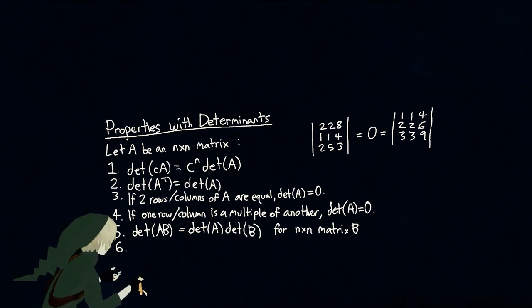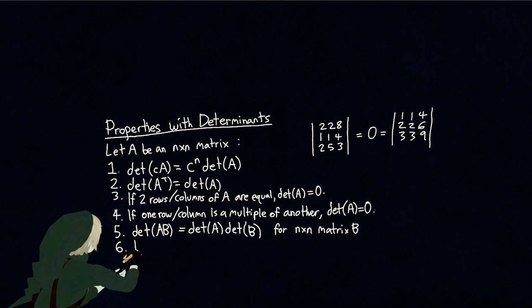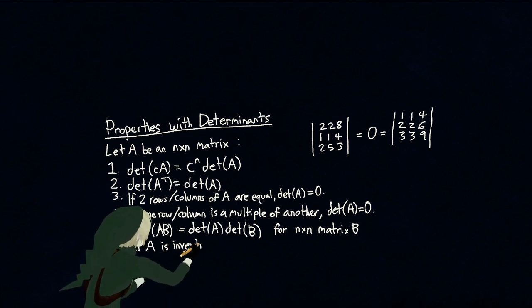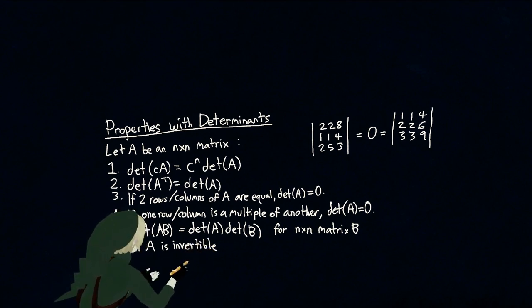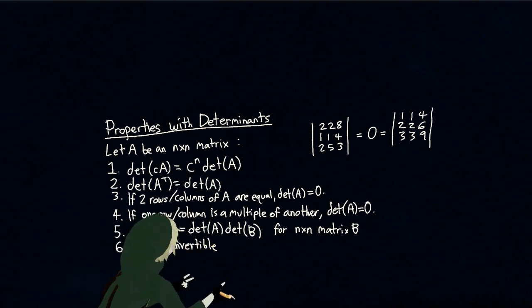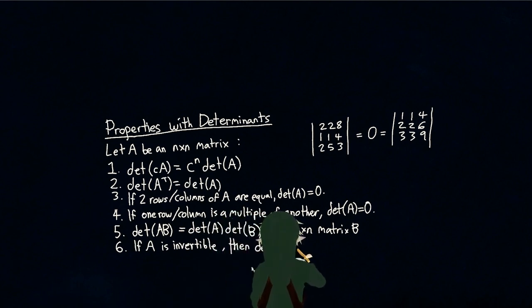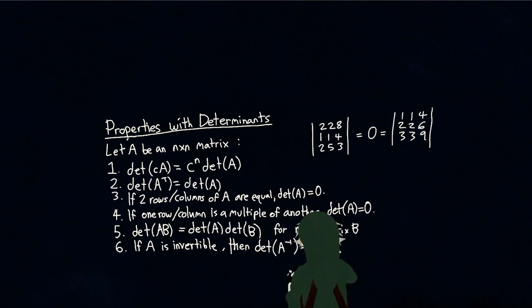For number 6, let's say that if A is invertible, then the determinant of the inverse of A is equal to 1 over the determinant of A.